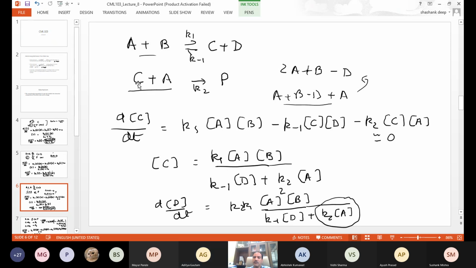Composition of C should be A plus B minus D. Am I right? And what should be the total thing? It is A plus B minus D plus A. Total, the composition.